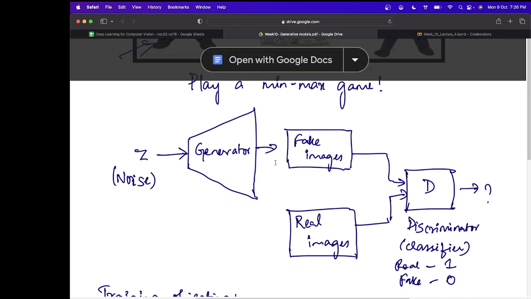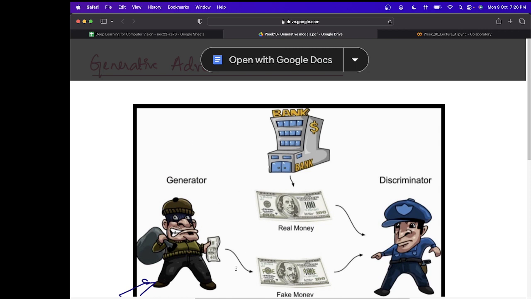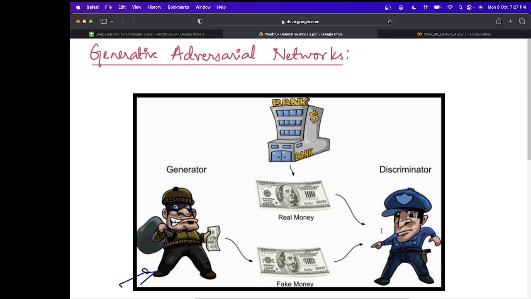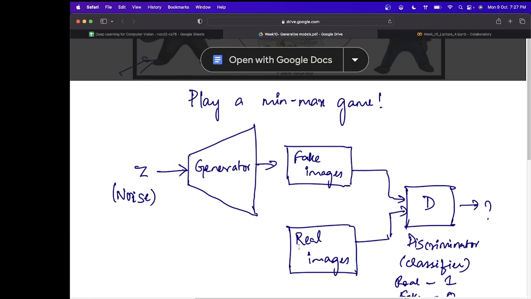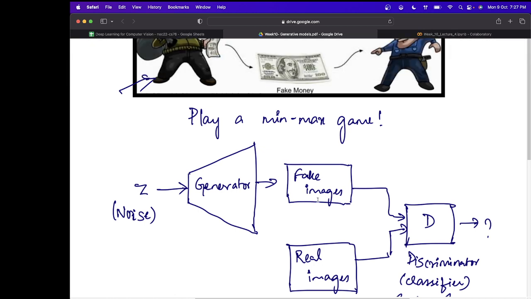So ultimately what we want here is that, like in this case, when will the thief win? The thief will win if he creates such realistic looking currency notes that now the police himself is confused. The police is unable to say whether a given currency is real or fake, right? Similarly, for GANs, it's the same thing. The generator initially will probably generate something very bad, right?